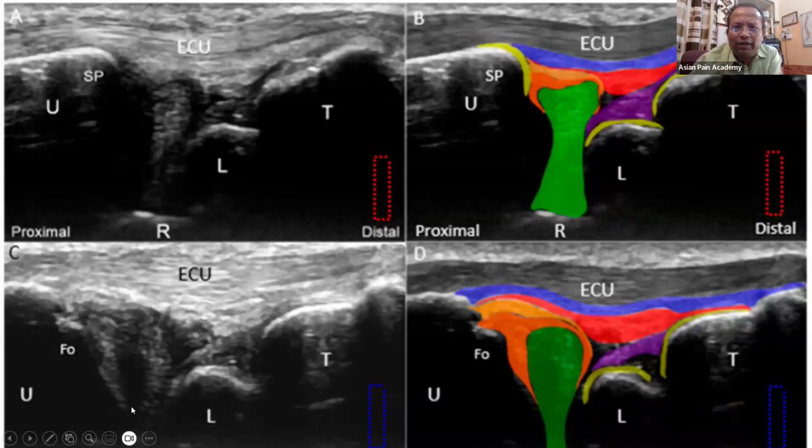The most important thing, so this is from a paper only: they found that different parts are there when we are considering TFCC. Extensor carpi ulnaris, ulnar collateral ligament, and of course the triangular fibrocartilage, and some small ligaments.